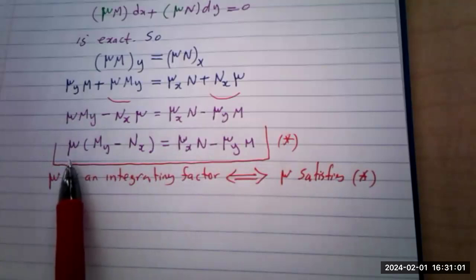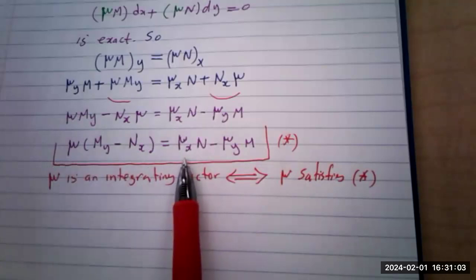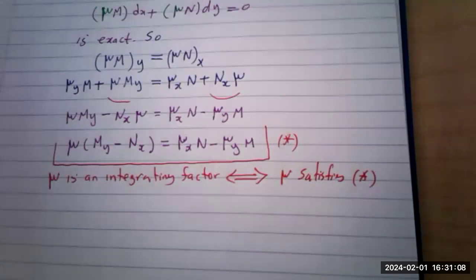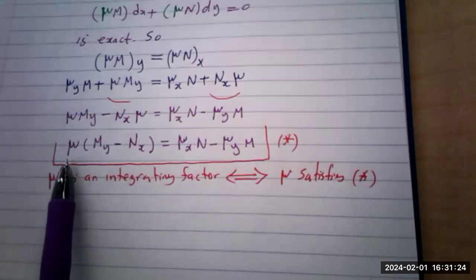You have the derivative of mu with respect to x, and the derivative of mu with respect to y. So instead of solving the differential equation at the beginning, you have to solve this differential equation for mu. But what is your difficulty?